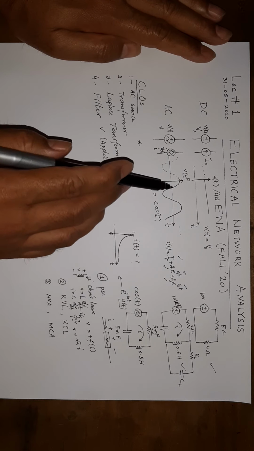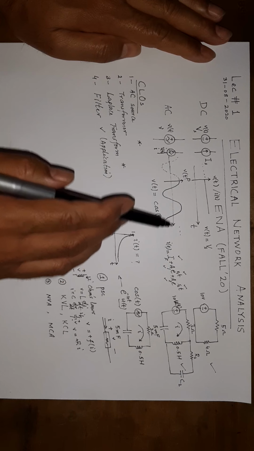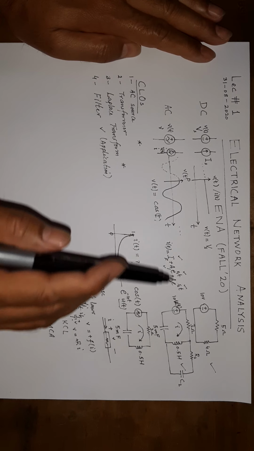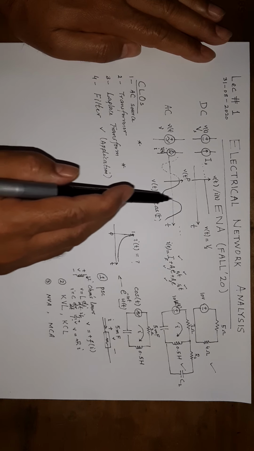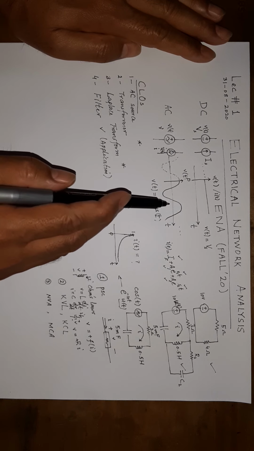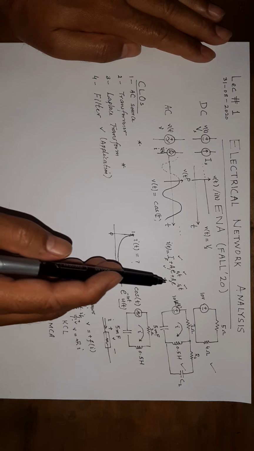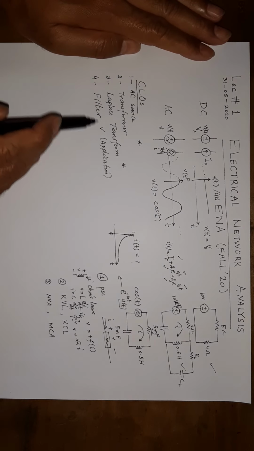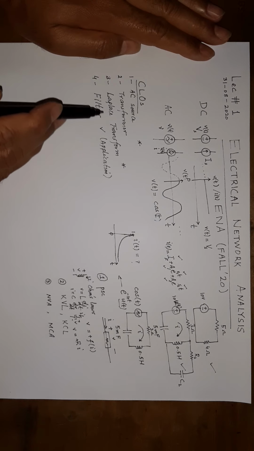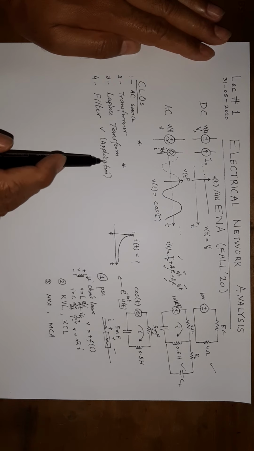So some circuits allow lower frequency sources to have a larger output, and some circuits allow fast-changing or higher frequency inputs to have a higher output. So we are going to study this, and this would be in a way our actual use of the knowledge that we have acquired in LC and electrical network analysis till now.